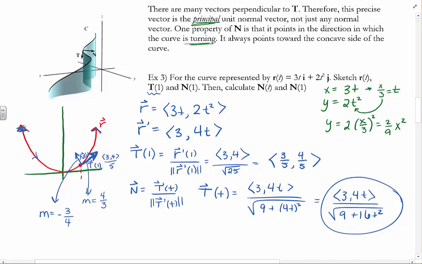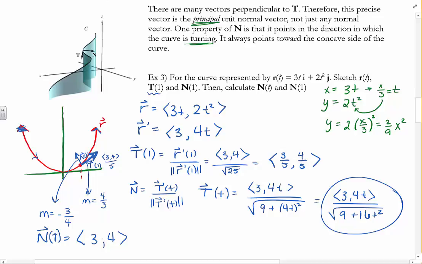Which means that in this picture, n of 1 is going to have an x component of 4 and a y component of 3, and one of them needs to be negated.